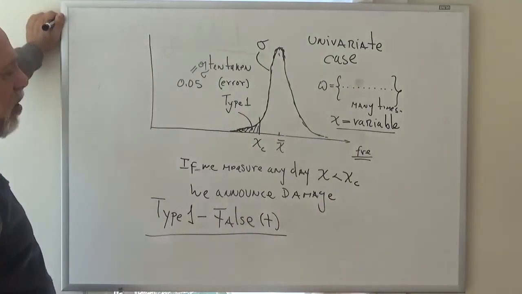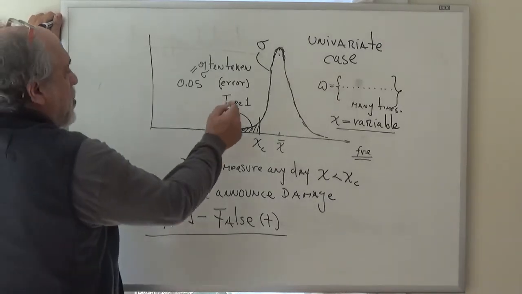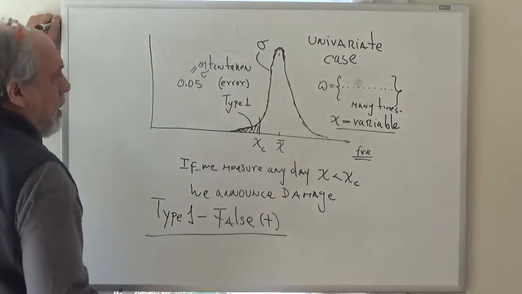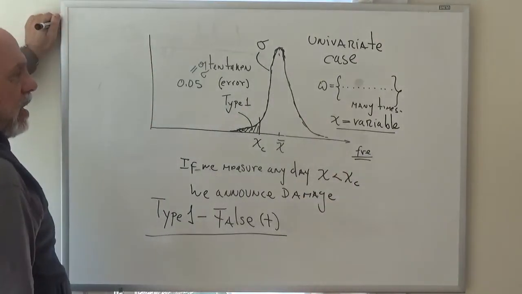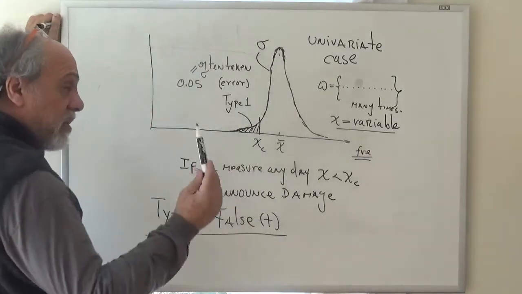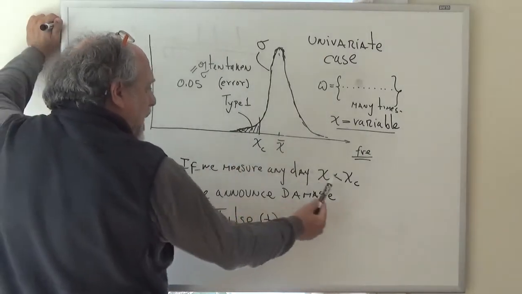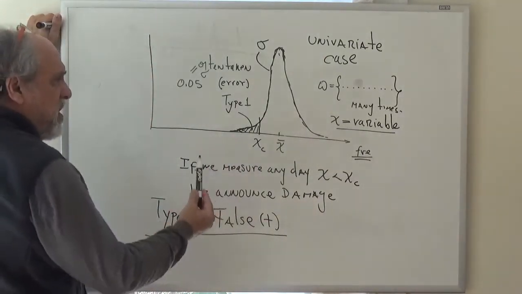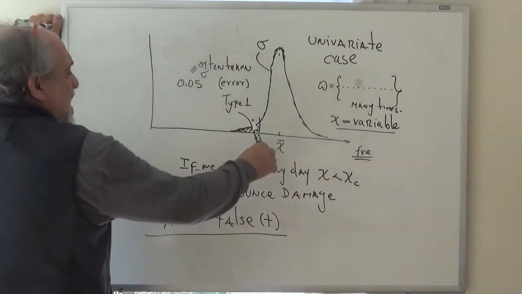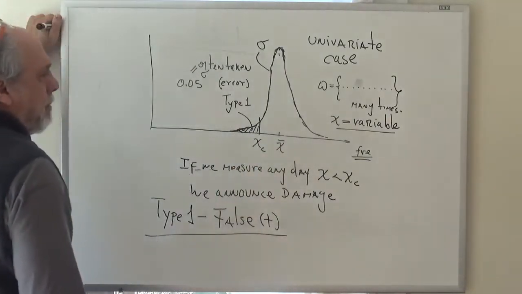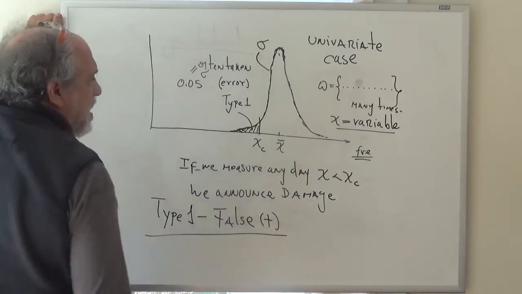It's the probability of a false positive, because there is a 5% chance, or a different number if you want to use a different type 1 error, that the structure is not damaged, but you do get a value over there, because every once in a while something weird happens in the data. And in that case, you will announce that you think there is damage, but there isn't any damage, because we are agreeing that nothing has happened. Therefore, this is the percentage of false positives that you will incur.